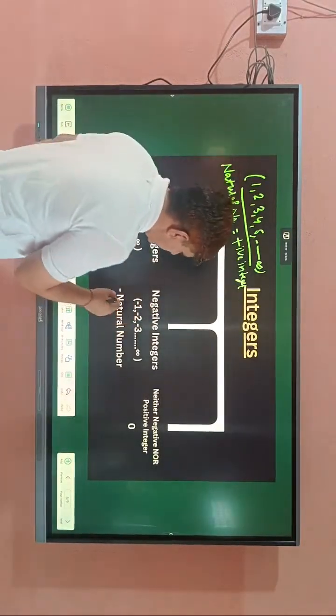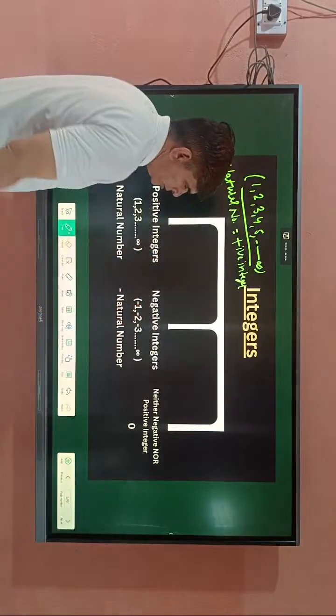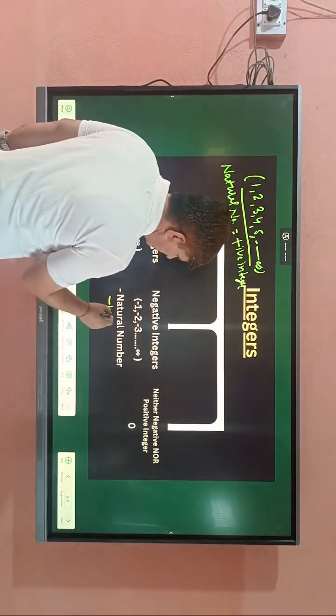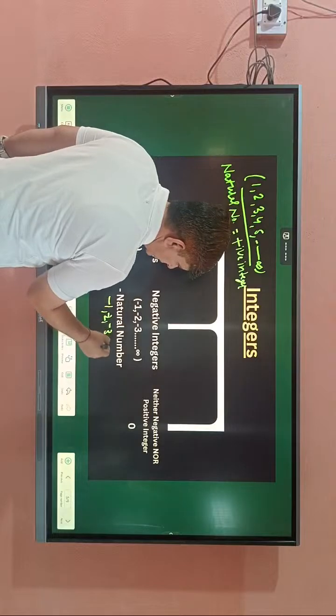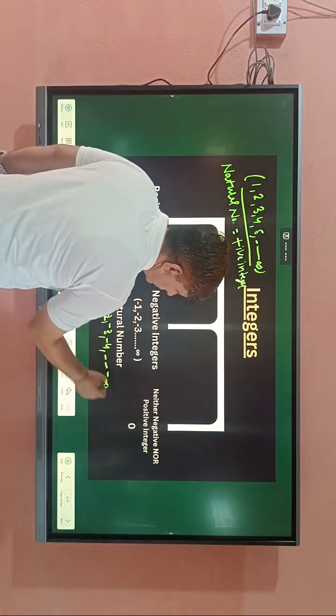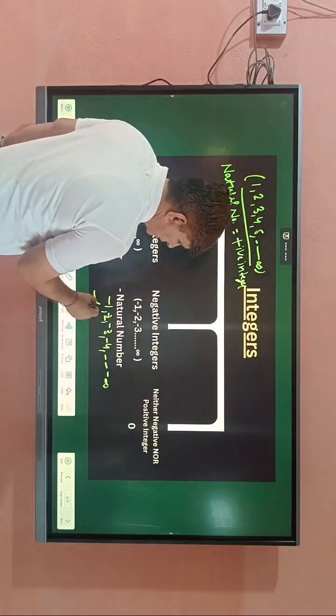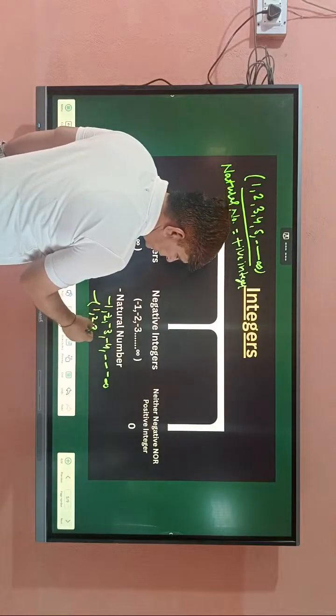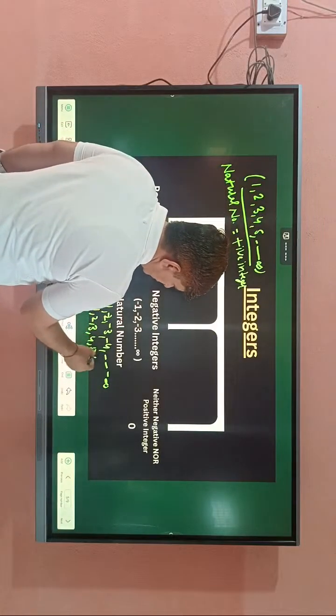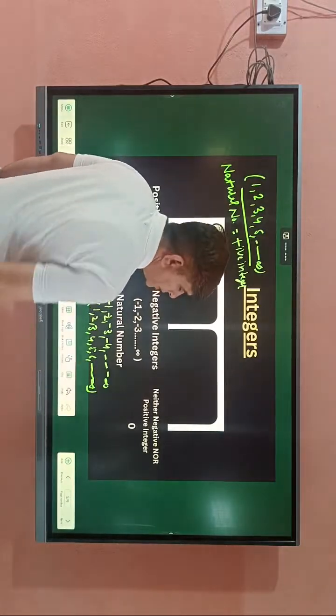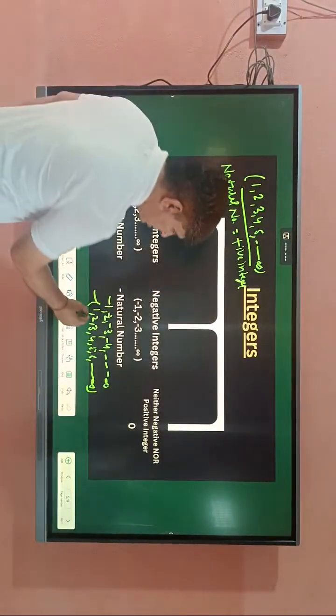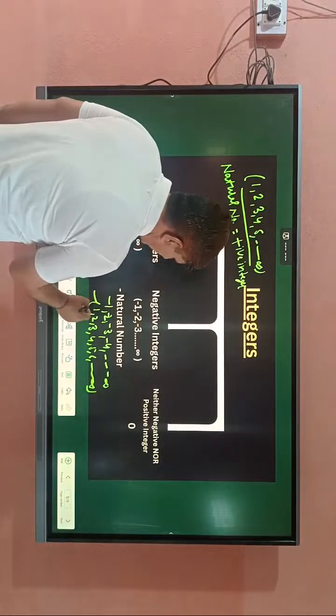Negative integer meaning putting a negative sign in front of the natural number. So -1, -2, -3, -4, minus infinity, minus take out. So what's coming? 1, 2, 3, 4, 5, 6, till where? Infinity. So what can we write inside?